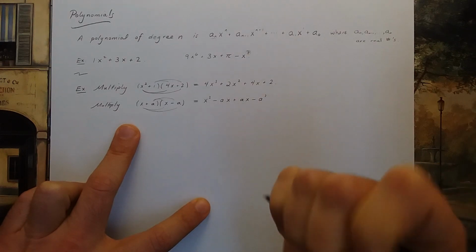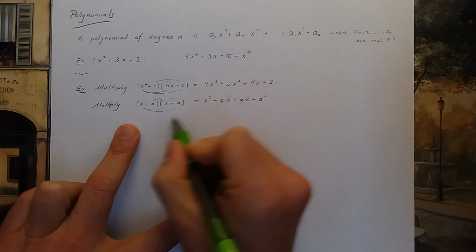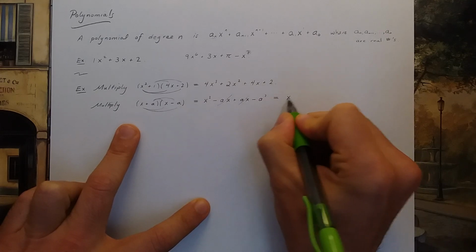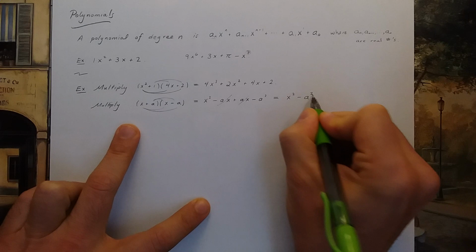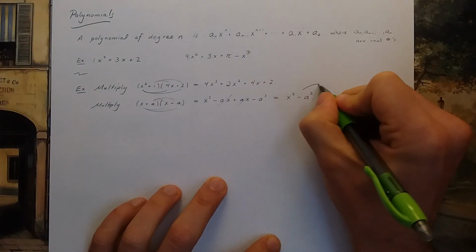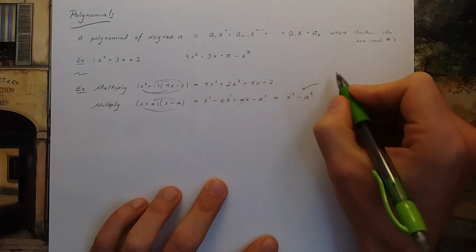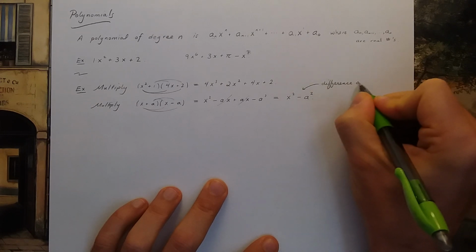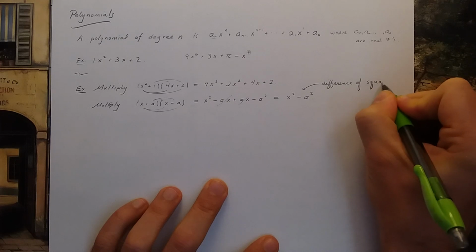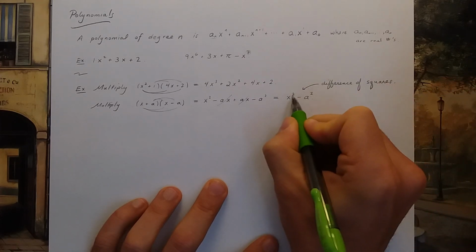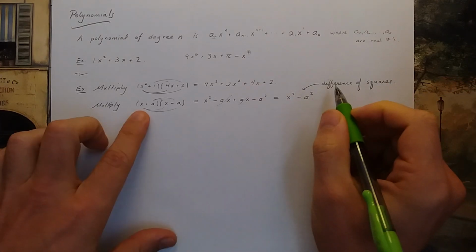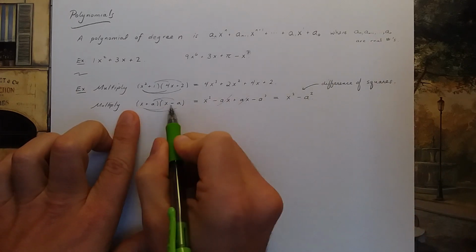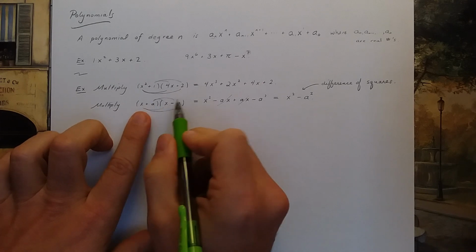So you get 4 terms, but this time, these middle 2 terms cancel one another out, and I get x squared minus a squared. So this is the famous difference of squares factoring trick. Difference of squares, because I have x squared minus a squared, and sometimes it's just convenient to remember that this can be expressed as a multiplication using these 2 terms.